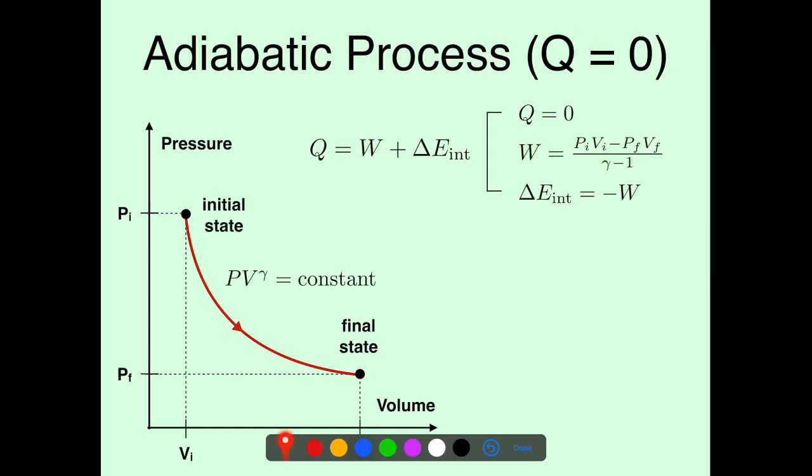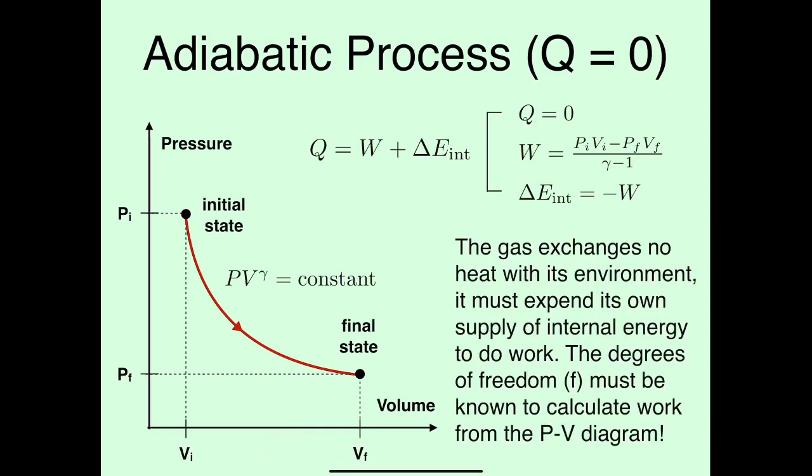And then the internal energy change, delta E internal, is minus W. So an adiabatic process is defined by no heat being exchanged between the gas and the environment, which means if the gas is going to do work, let's say the gas is going to expand, okay? It's going to have to do that by giving up some of its own internal energy, okay? So that's how you want to think about this. Any work done by the gas has to come at the expense of its own internal energy because there's no energy flowing from the outside.